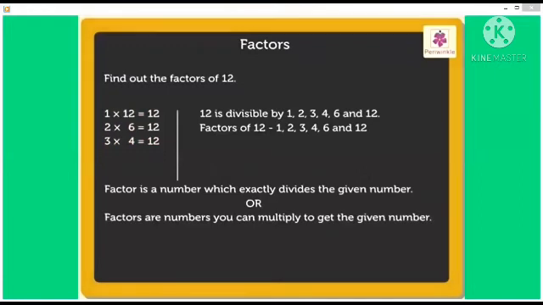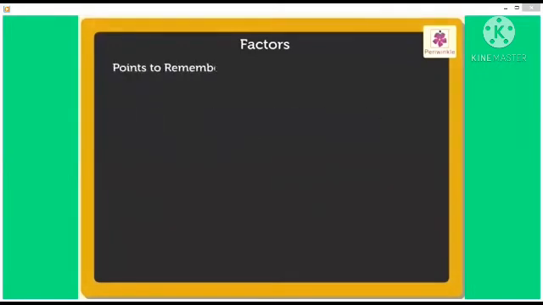Now, let us look at certain points which we need to understand related to a factor with the help of some examples. Point 1. 1 is a factor of every number. Look at the example. 1 into 6 is equal to 6. 8 divided by 1 is equal to 8.